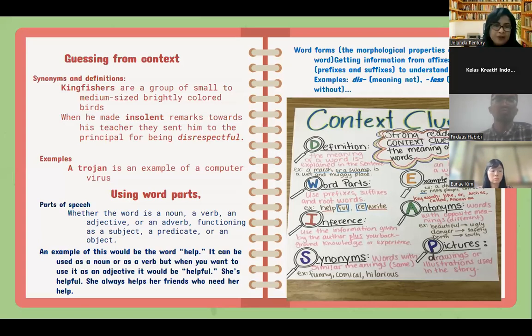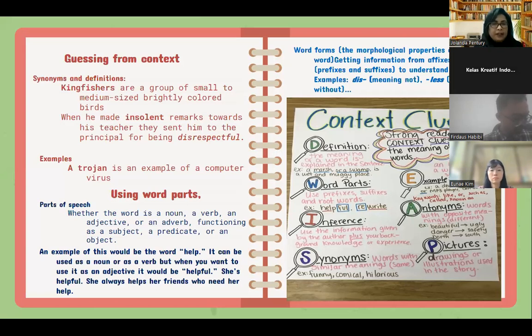And also we can use example. A Trojan is an example of a computer virus. So when they don't know what a Trojan is and it is in the text, that is an example. Trojan is a computer virus.